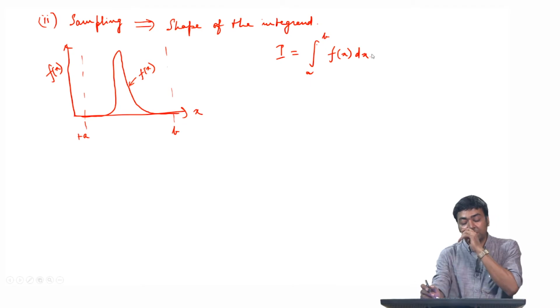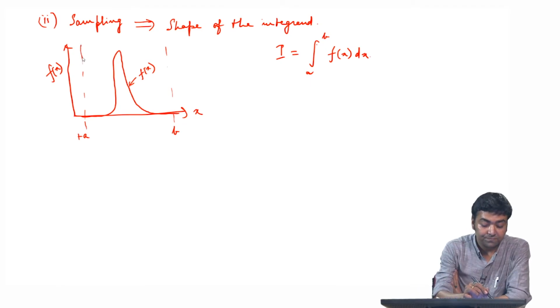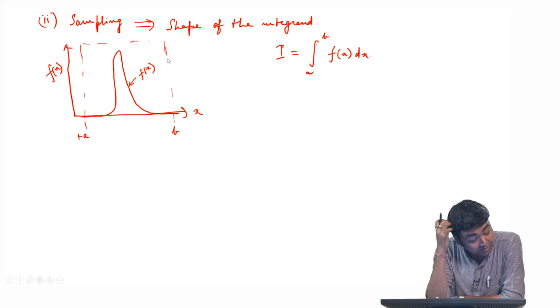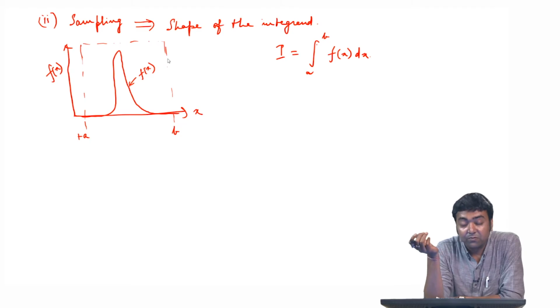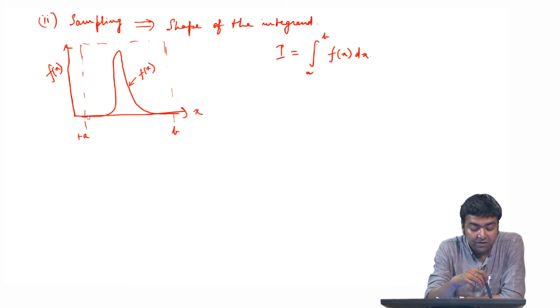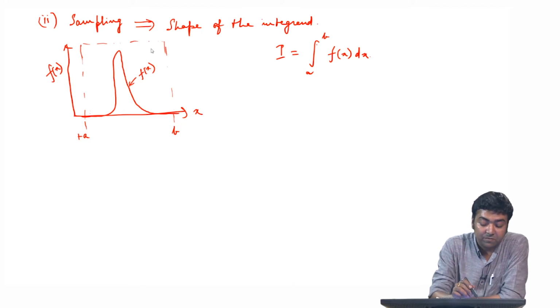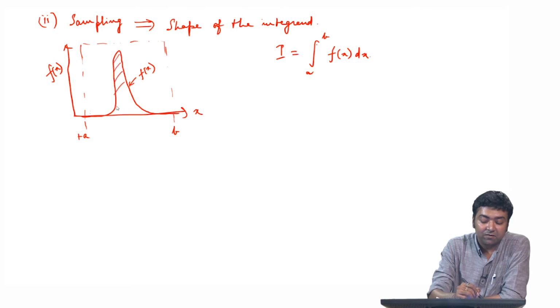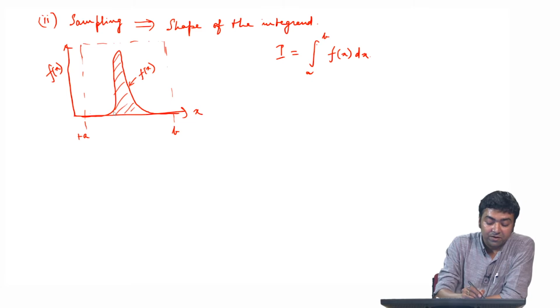In the brute force Monte Carlo, or even in my acceptance-rejection method, which is supposed to be an improved one, we will generate lots of numbers that lie between a and b. But if we look at the shape of the function, we see that the function has a significant contribution only from this region.